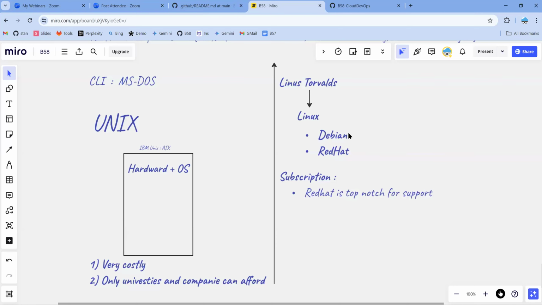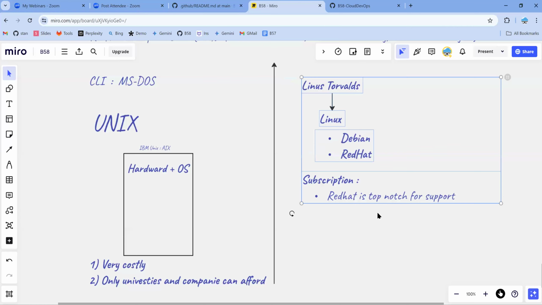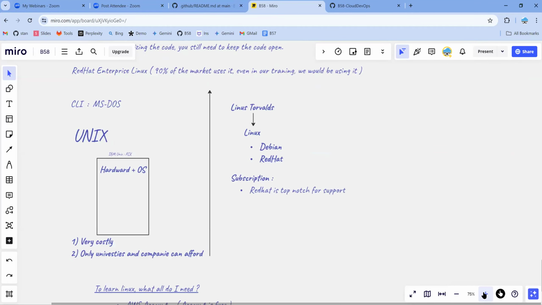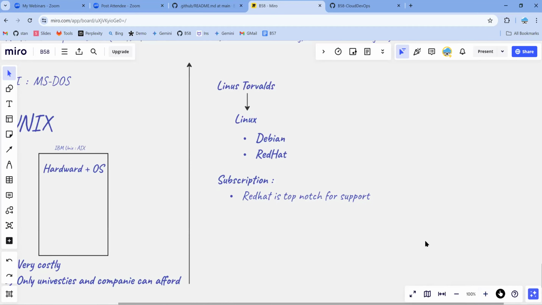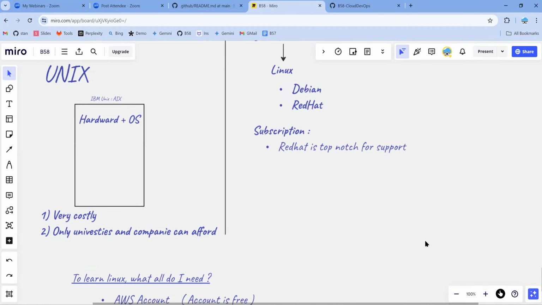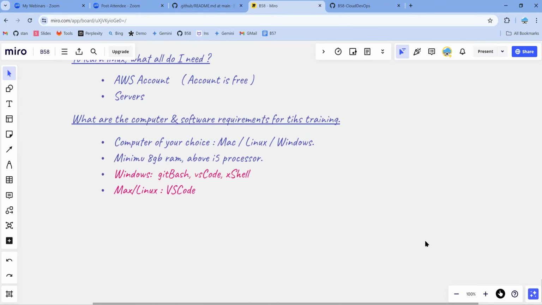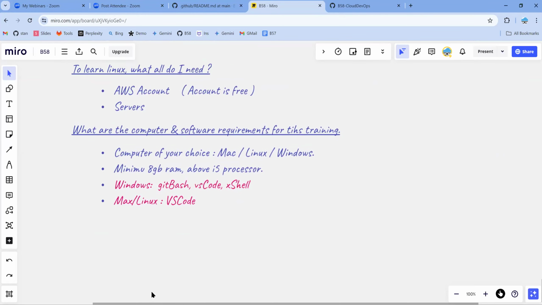In that, Debian and Red Hat are the top used, and any flavor of Linux goes by subscription, which is not based on the number of users, while the Windows operating system is based on the number of users. We also discussed what you need to have in order to start this training.